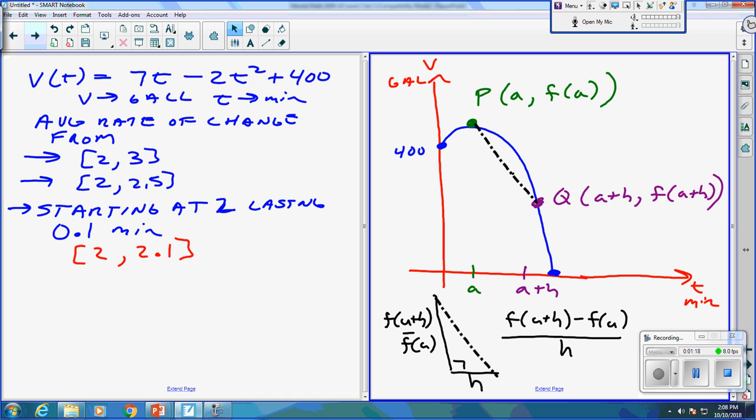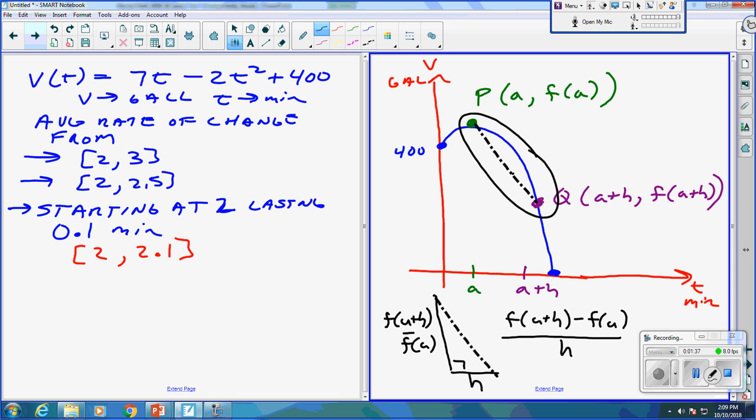What we have is a parabola, and a blue curve is shown over on the right side of the screen. At some point P, (a, f(a)), and then later on the curve, some point Q. And I'm looking for the slope of this secant line.